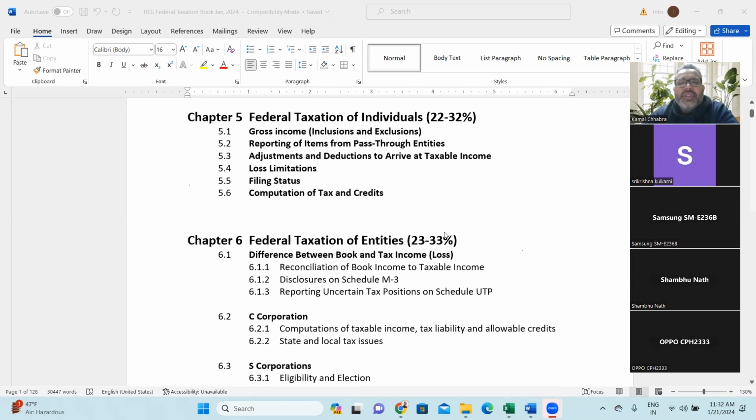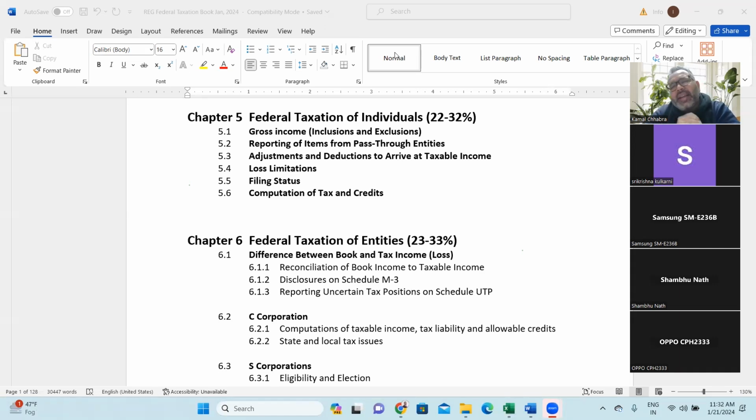Then we'll be jumping onto individual taxation. In this chapter, you'll be understanding the computation of income for an individual, which starts from the income minus certain exclusions from the income, which derives the adjusted gross income. From there will be a deduction, which is the standard deduction or itemized deduction, whichever is more beneficial to the taxpayer.